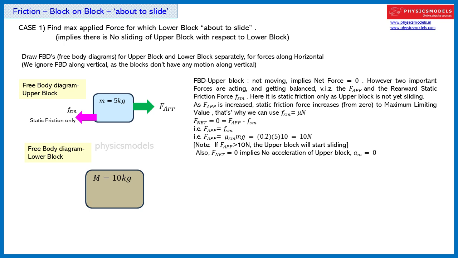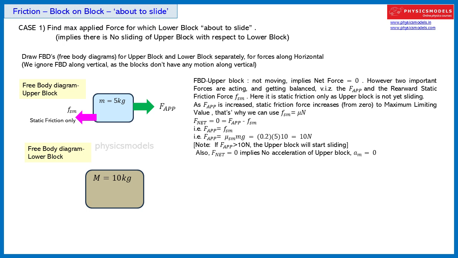And therefore, we can find F as mu static friction into mg, that's 0.2 into 5 into 10, that's 10 Newton. We have to remember that if the applied force increases even slightly above 10 newtons, the upper block will start moving. It should.